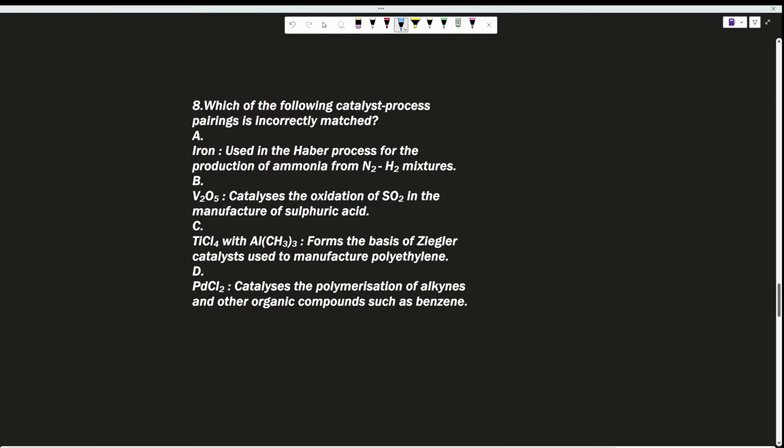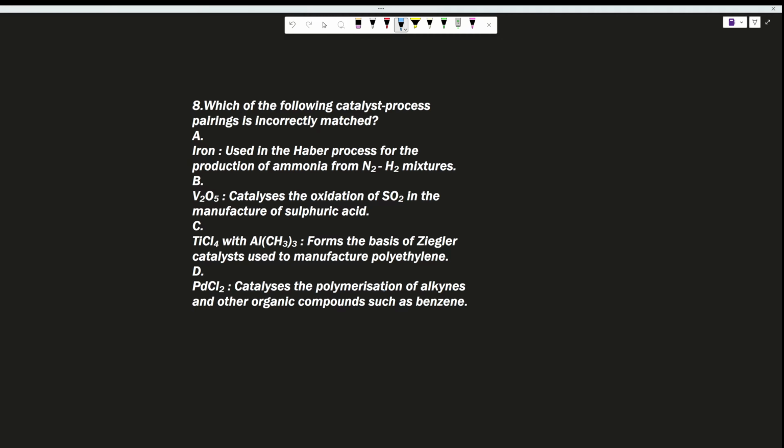So far we discussed the questions related to actinoids. Now it is related to the applications of d block elements. Which of the following catalyst-process pairings is incorrectly matched? First one: iron, Haber's process, production of ammonia.